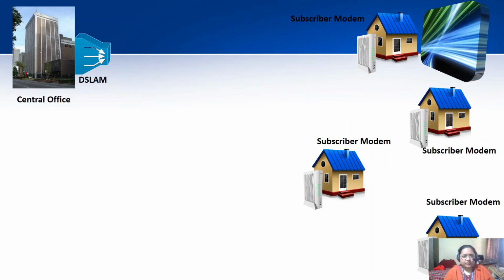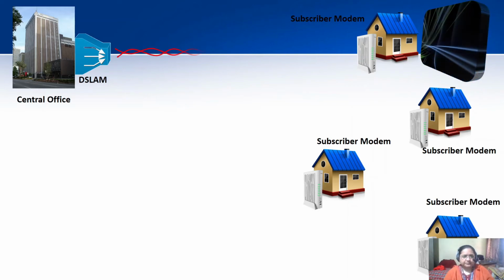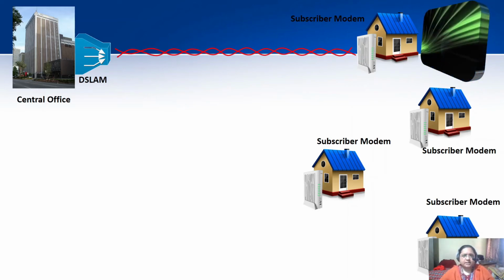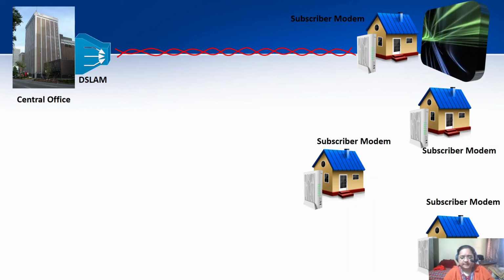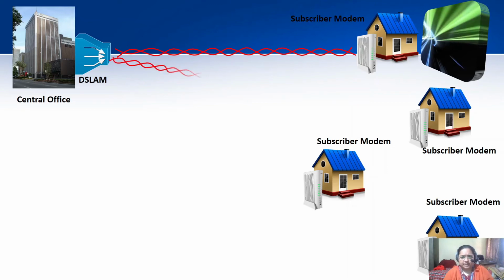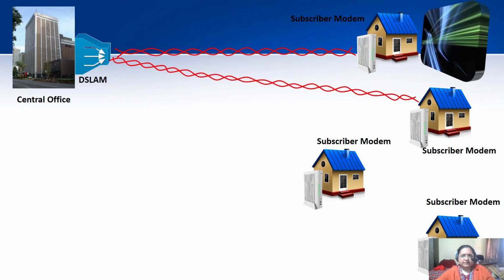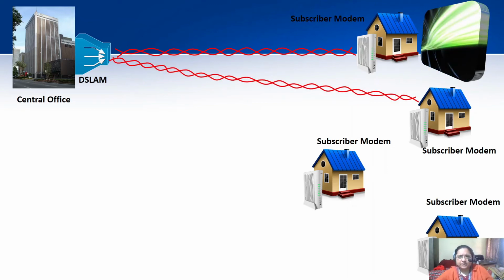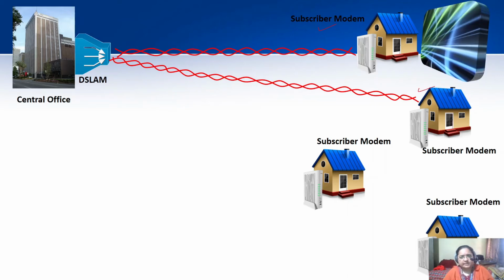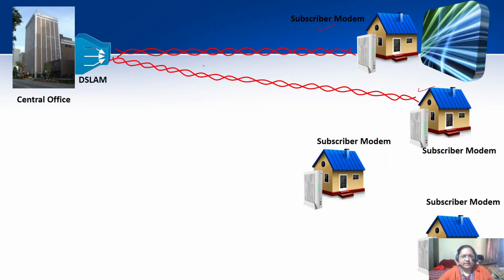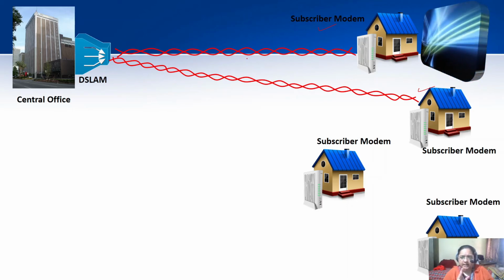The service provider would have his DSLAM, which would be connected to the subscriber modem via plain copper telephone lines, the existing copper lines. And we have to just imagine that these two subscribers are quite near to the ISP central office. That is why these copper cables are more than enough for providing a high speed connection.